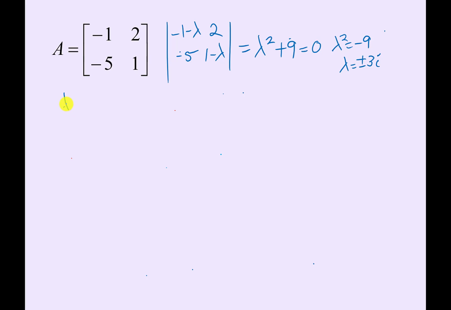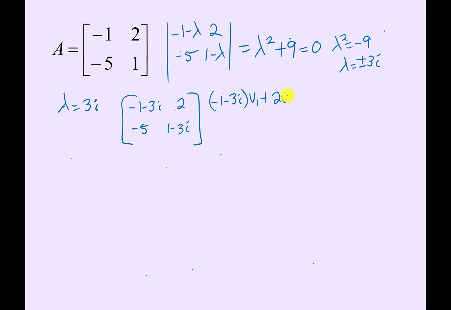Let's go ahead and take that then. Let's do 3i and see if we can find the eigenvector to go with it. And so that's going to be -1 minus 3i and 2, and -5 and 1 minus 3i. So putting variables back in, I have -1 minus 3i on the v1 plus 2v2 equals 0.